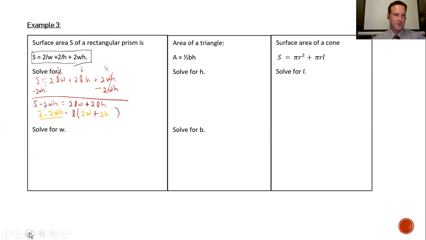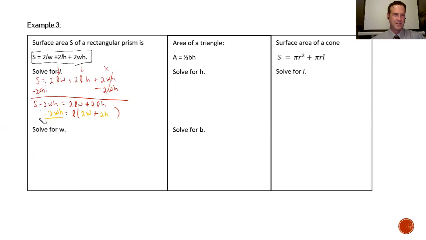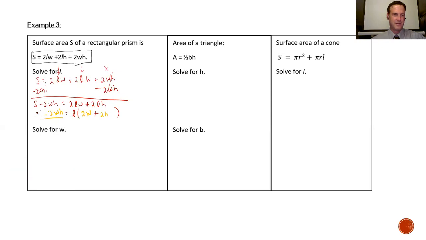Okay, almost done here. Now how do I get rid of this stuff behind the L? Well, I'm going to divide. And that's 2W plus 2H. Let me put that in parentheses.